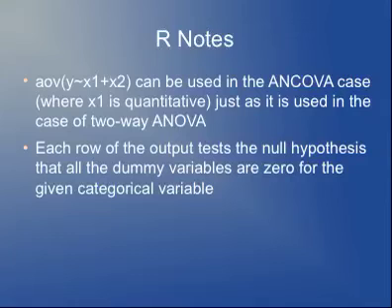And in general, if you have y twiddle x1 plus x2, where x1 is quantitative, x2 is categorical, or you could have more x's in there, it will give you the same results as it would in the case of two-way ANOVA. It will test the null hypothesis that all the dummy variables for a particular predictor are equal to 0 simultaneously, and I think that's pretty much everything I had to say about that.